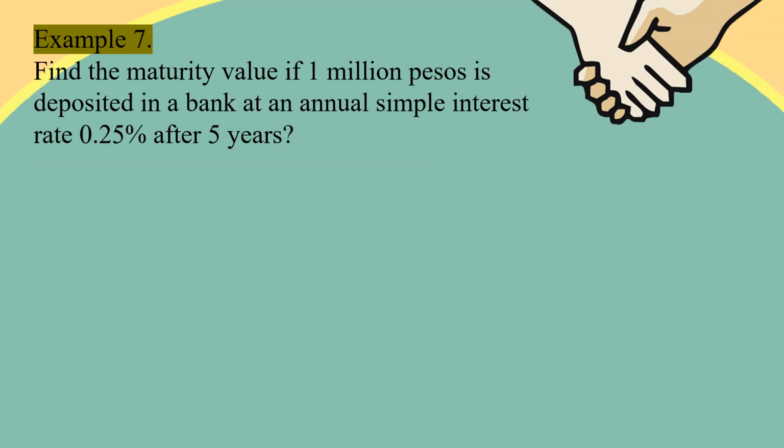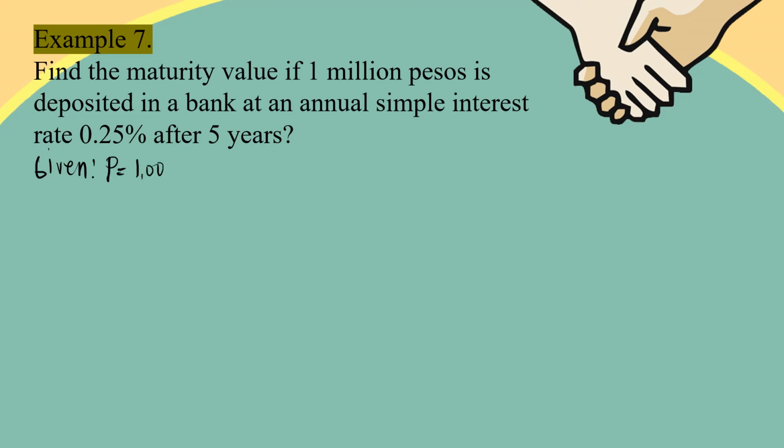Okay, so next example, we have find the maturity value if 1 million pesos is deposited in a bank at an annual simple interest rate of 0.25% after 5 years. Okay, so sulat muna natin ano-ano ba yung given. Okay, so ang given is yung 1 million pesos, that is the principal amount.